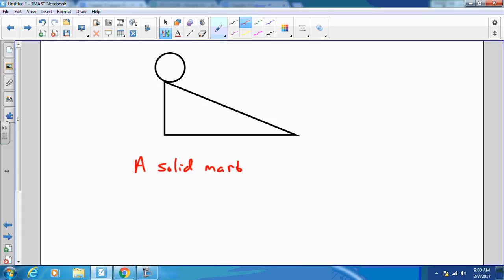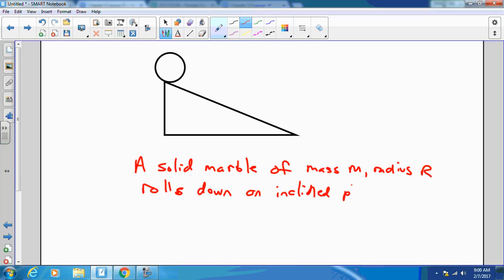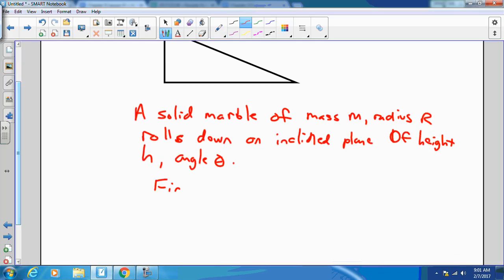A solid marble of mass m, radius r, rolls down an inclined plane of height h and angle theta. Find the speed of the marble.